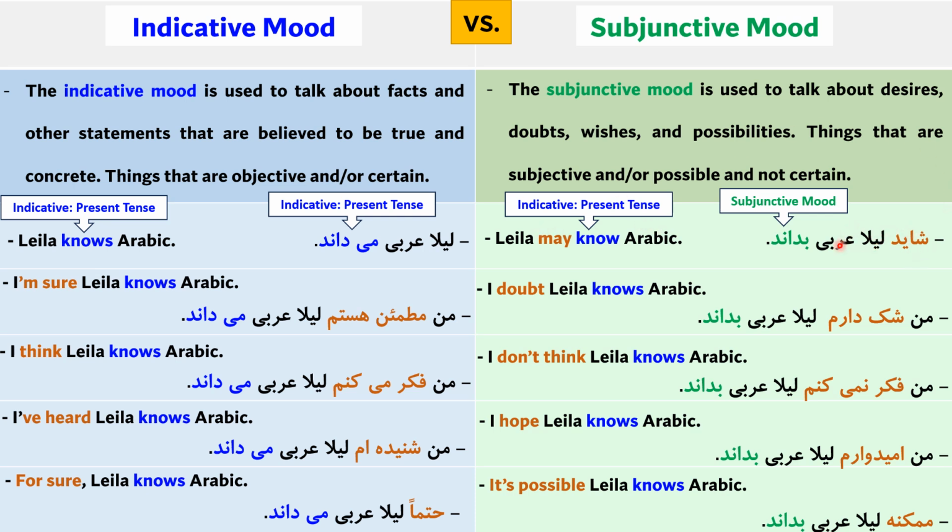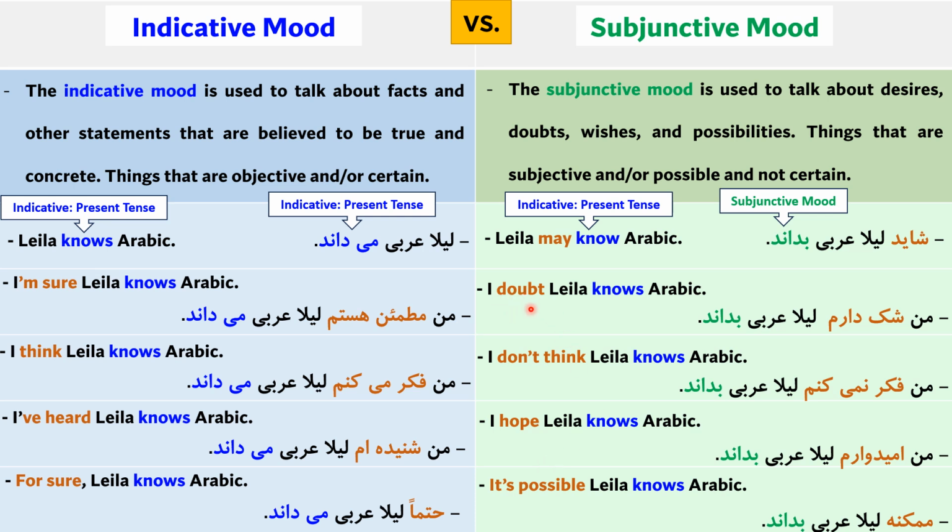شاید لیلا عربی بداند. So now because we added شاید to it, then میداند, which was indicative, in Farsi needs to change to بداند. We cannot use میداند here anymore because again, it's talking about possibilities. And the same with the rest.